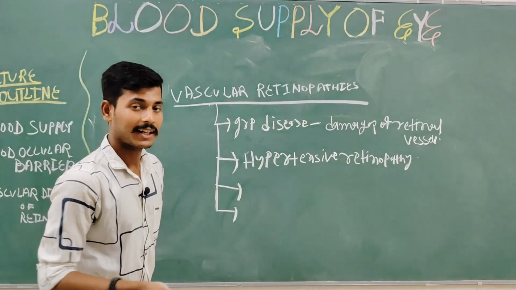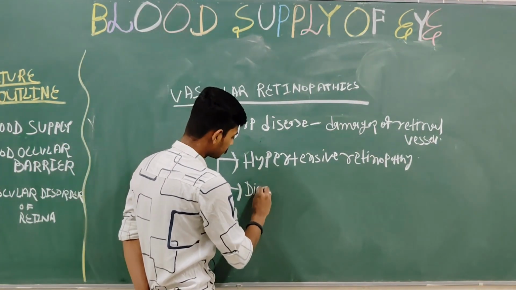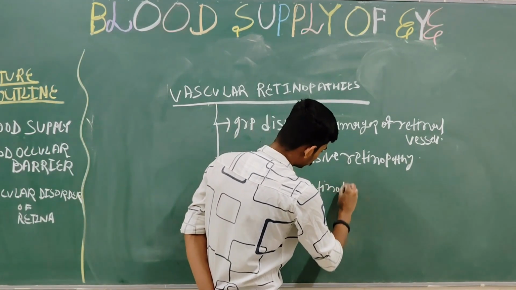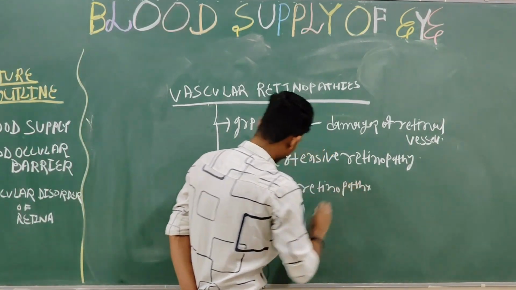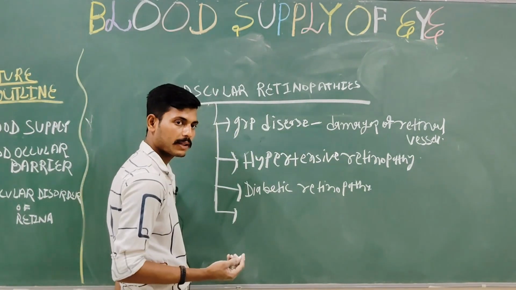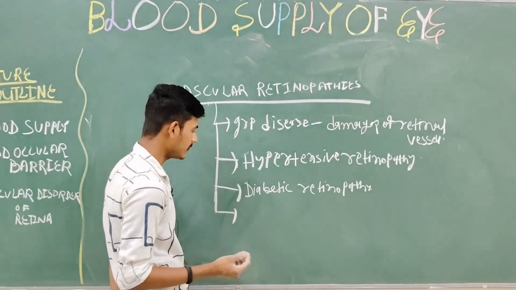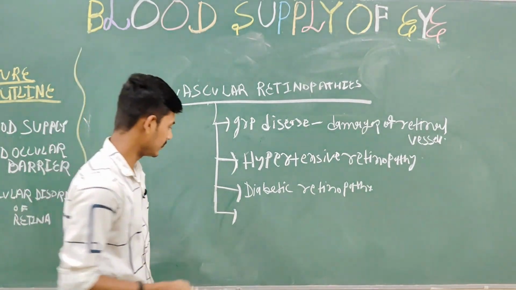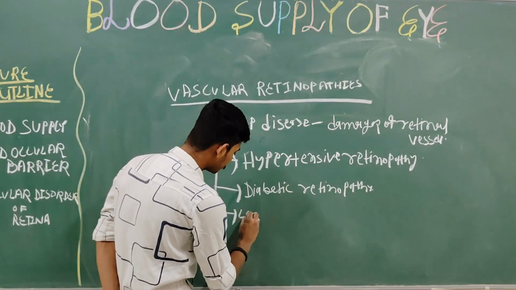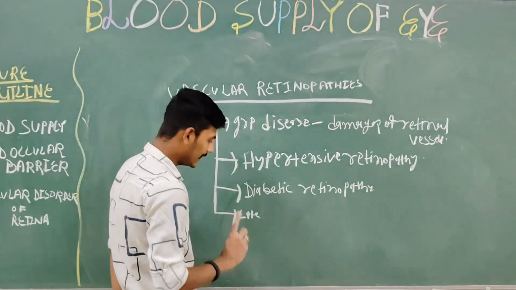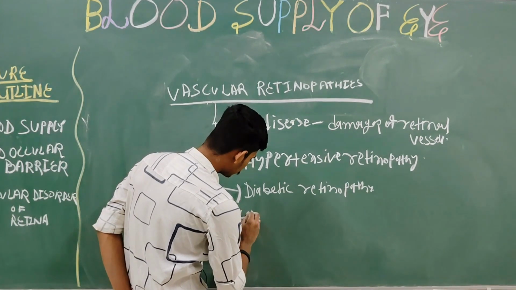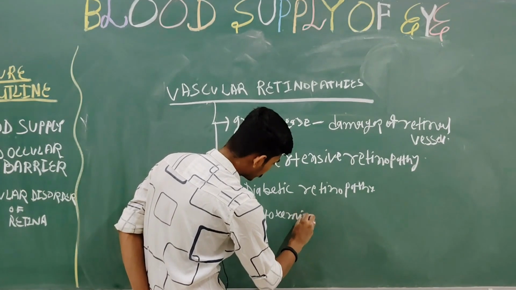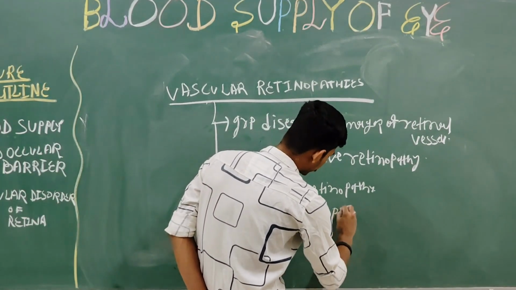Understood? Then diabetic retinopathy. And then sometimes in pregnancy there is a chance to develop vascular retinopathy, which is termed late toxemia of pregnancy.